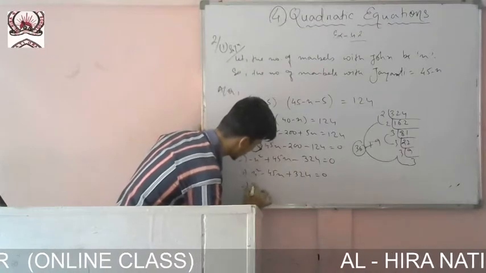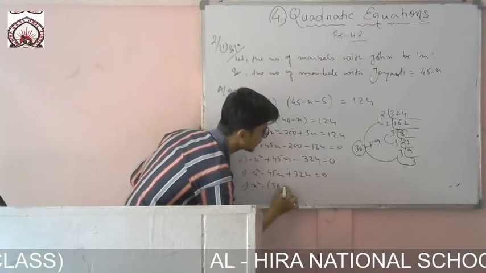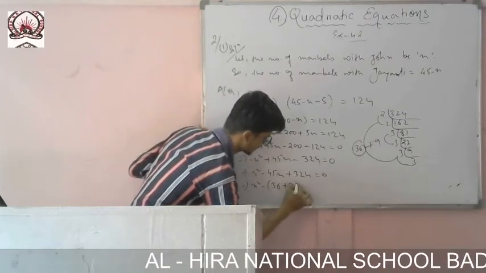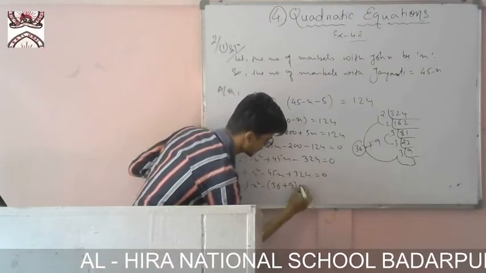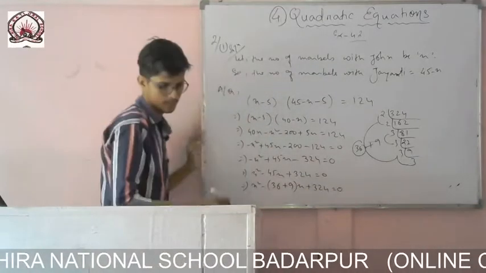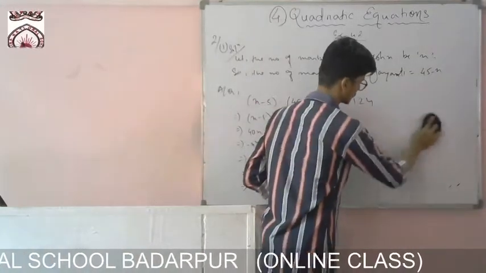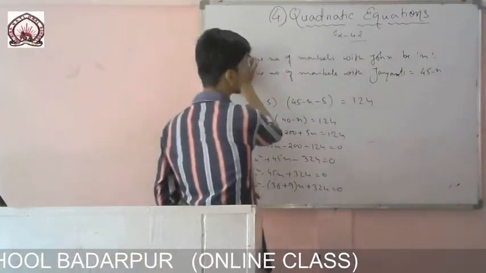So x square minus, in place of 45 I will write 36 plus 9, 36 plus 9 outside x, 324 equals 0. Okay, I am erasing this part.